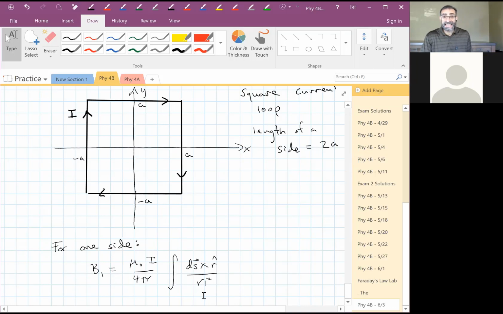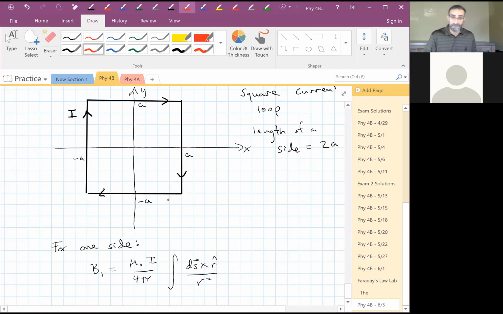If I can, I always try to choose a ds that gives me an r that forms an angle theta that's less than 90 degrees, because it's easy for me to see what the sine and cosine of an angle less than 90 degrees are. So I would pick my ds to be this little chunk.